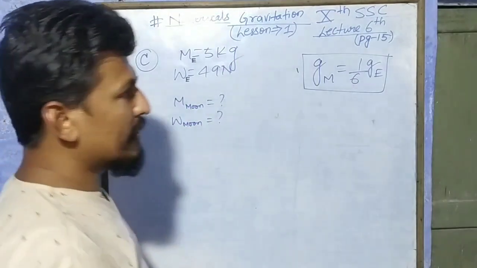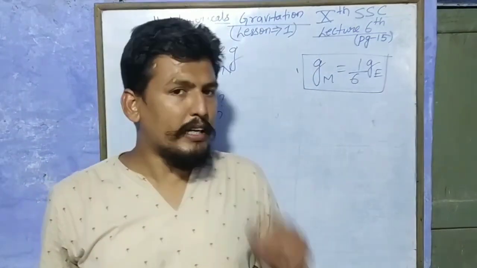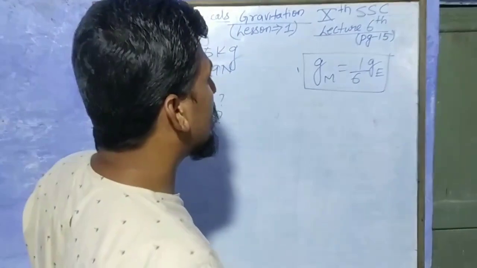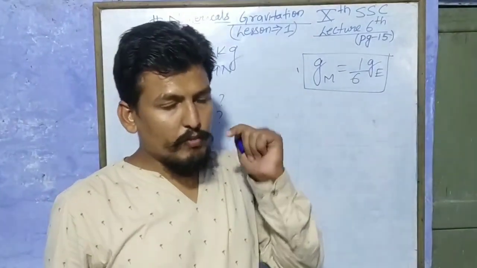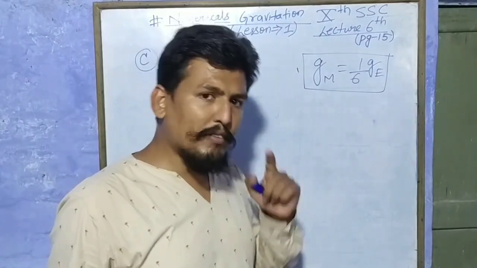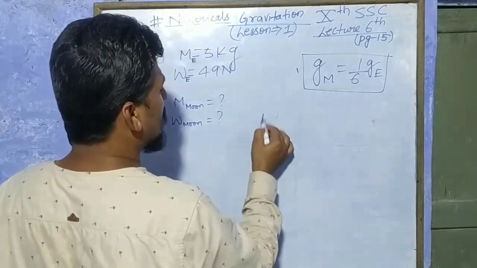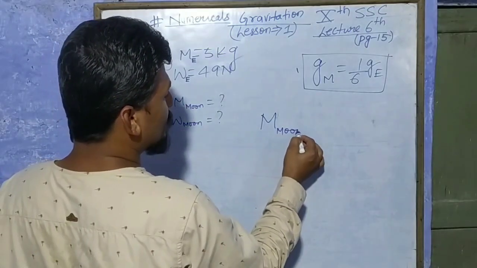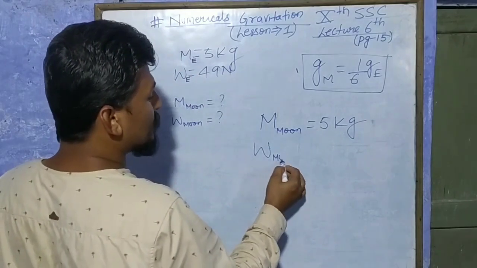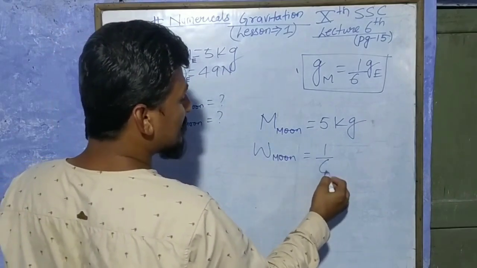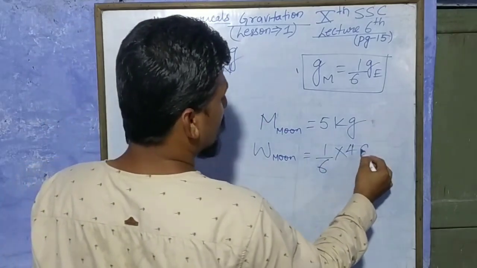In the second lecture I taught you the difference between mass and weight, in which I discussed that mass is constant and weight is variable. Weight depends on acceleration due to gravity. So since mass is constant, the mass on the moon is 5 kg and the weight on the moon becomes 1/6 into the weight on Earth, which is 49.